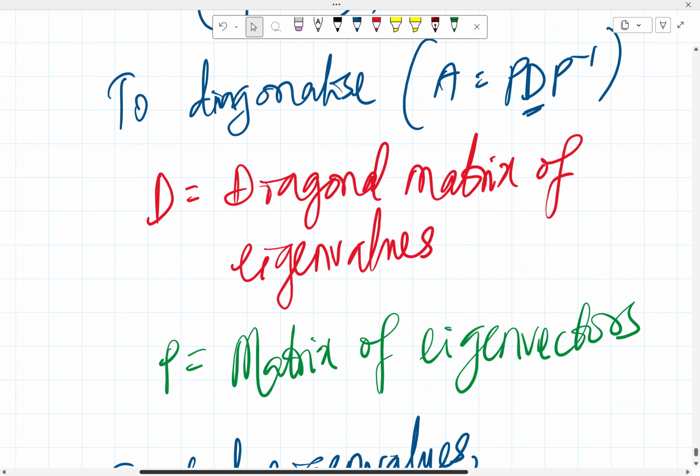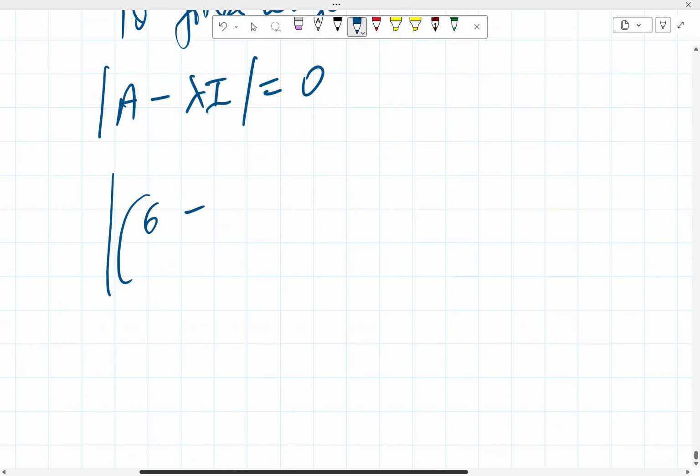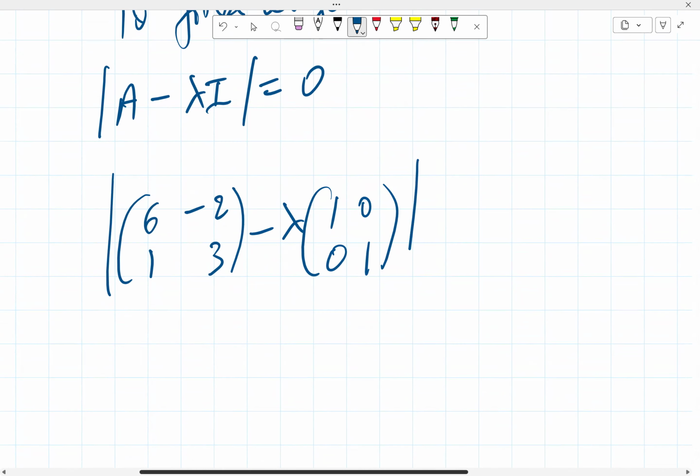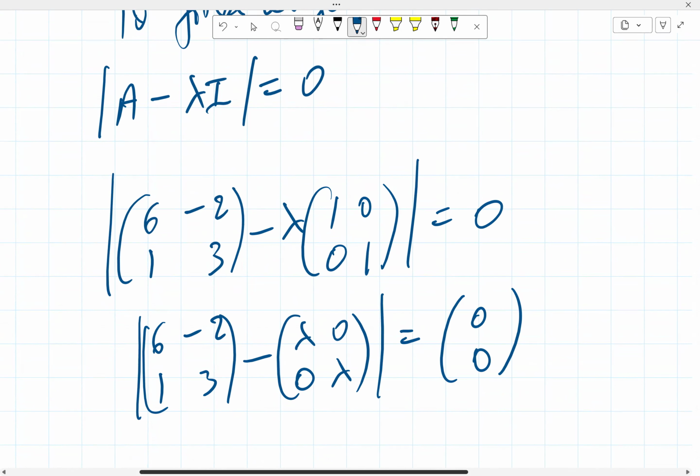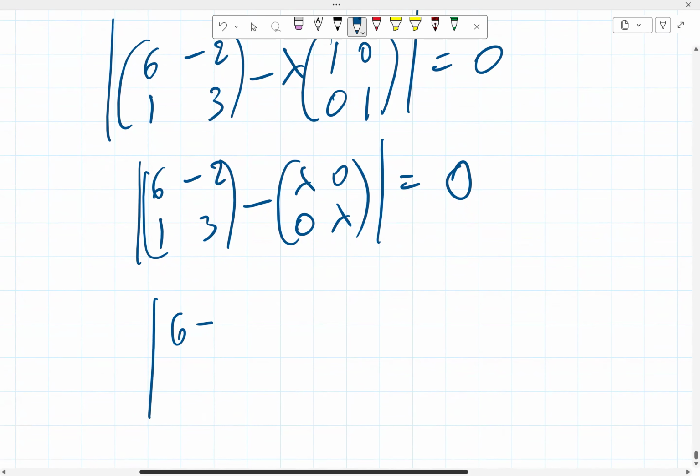So we have the matrix 6, -2, 1, 3 minus lambda times the identity 1, 0, 0, 1 equals 0. So this is the matrix with 6 minus lambda, -2, 1, 3 minus lambda, and its determinant equals 0.